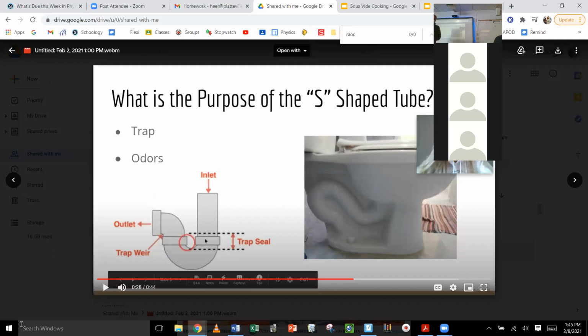How does the toilet bowl empty completely of water when it fills up? If that makes sense. Sorry, can you repeat that? When the toilet bowl fills up with water, how does it completely empty itself when it's using the pressure of the water to push it through the tube?